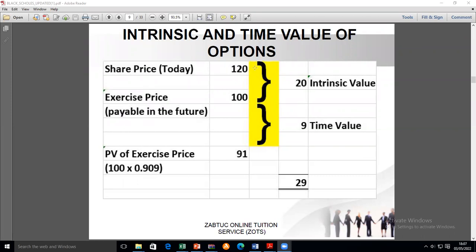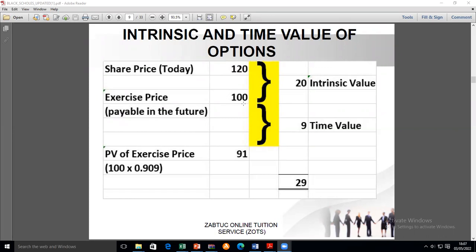The share price today is 120. The exercise price is 100. But you can exercise this right a year from now. Back to investment appraisal.